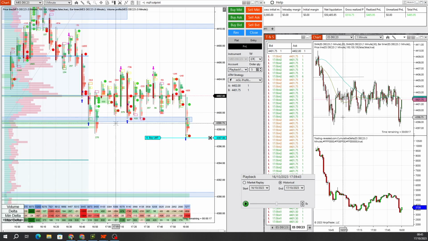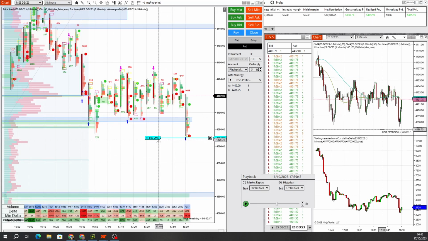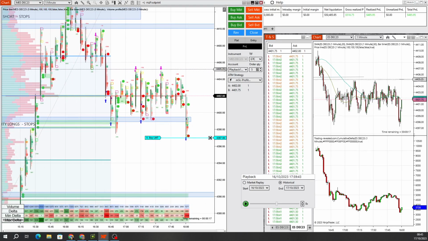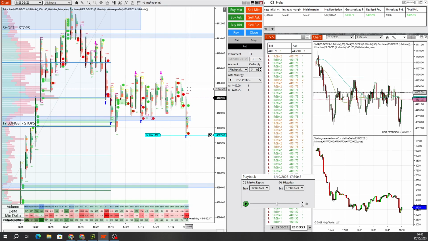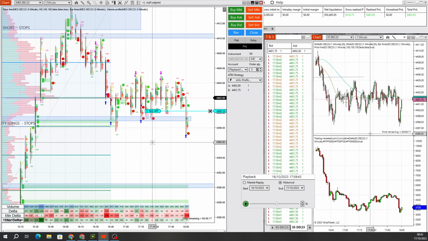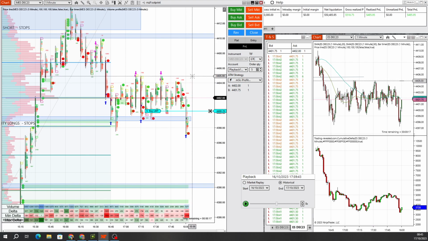What do we have? So we have a liquidity swap. That's what happened. Liquidity swap. And you should try to re-enter because we still have this empty space here in the node, meaning a price will travel into it.